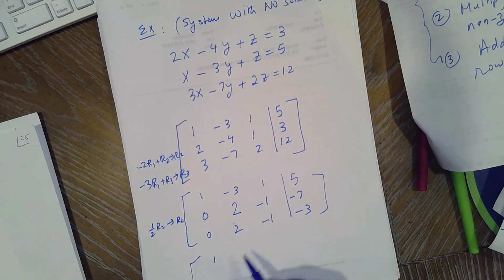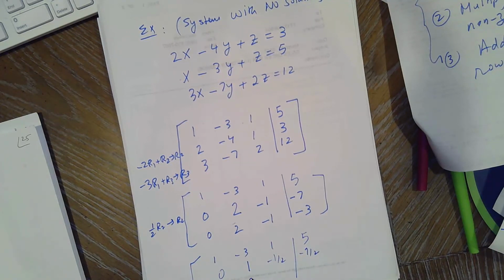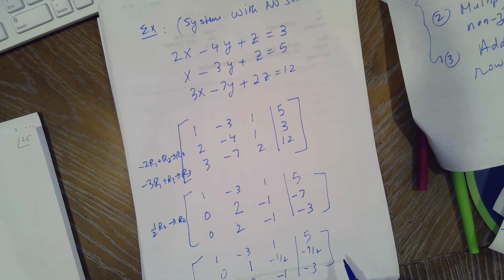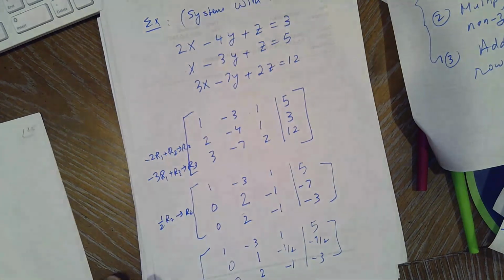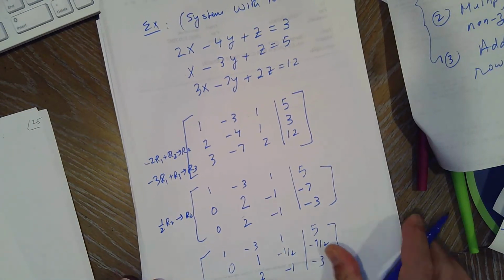So it would be 1, negative 3, 1, 5, 0, 1, negative 1/2, negative 7 over 2, 0, 2, negative 1, negative 3. So we got this one. Now we want to make this a 0. So we're going to do negative 2 R2 plus R3 to R3.